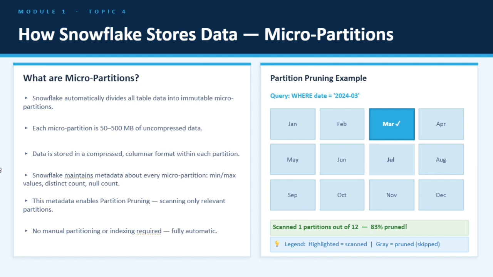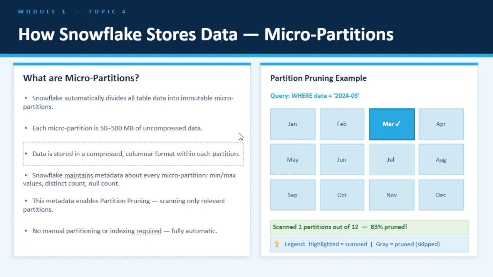The metadata enables partition pruning, scanning only the relevant partitions. As you can see here, for example, where date equals the third month of 2024. There are 12 months, but it scans only 1 month. It scanned one partition out of 12.